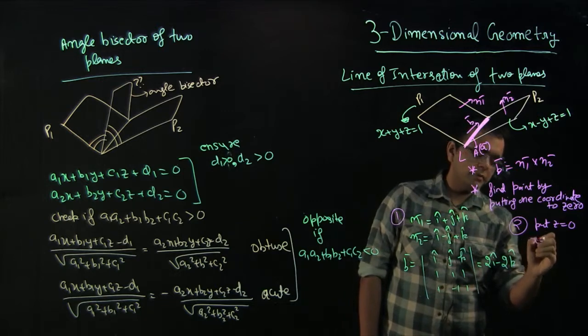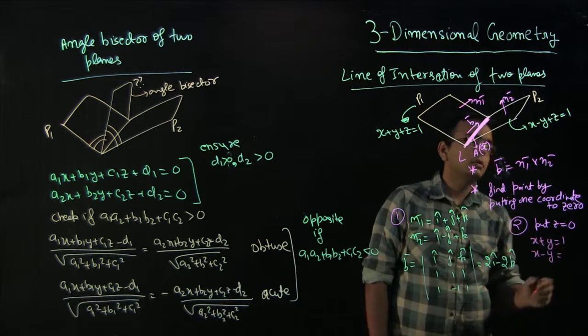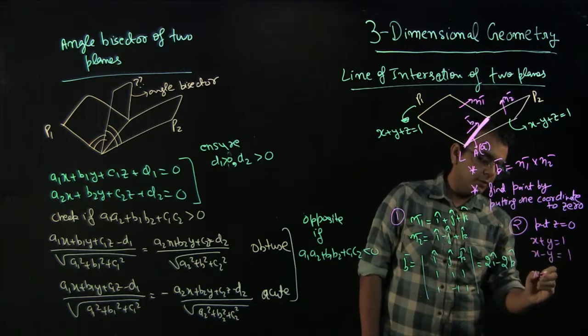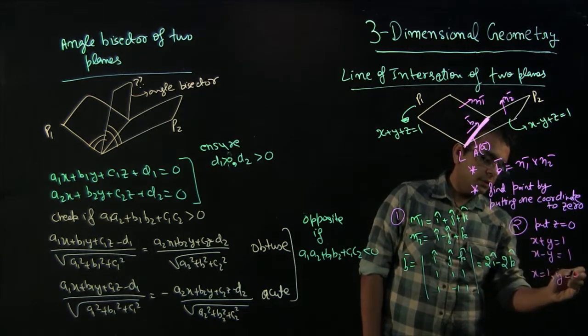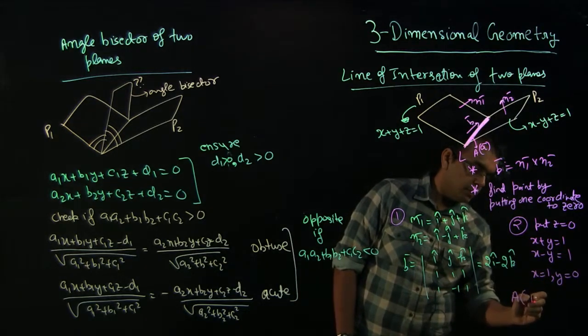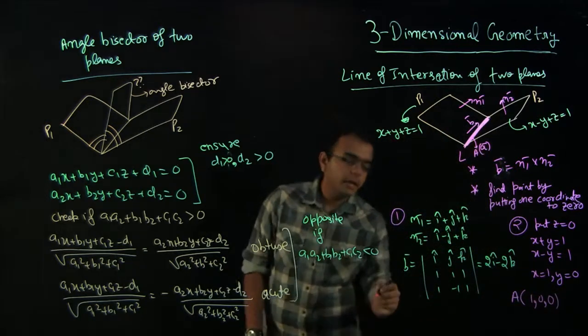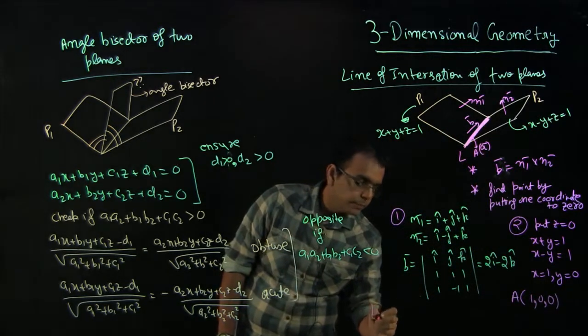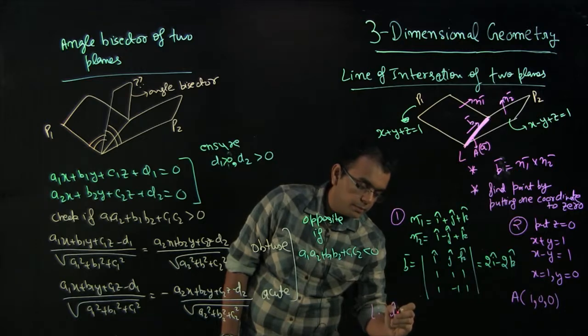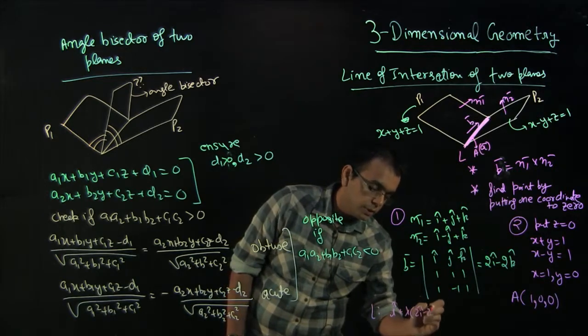So this becomes x plus y equal to 1 and x minus y equal to 1, so x equals 1, y is equal to 0. So the point A is 1, 0, 0. So the equation of line L is actually r equals i cap plus lambda times (2 i cap minus 2 k cap).